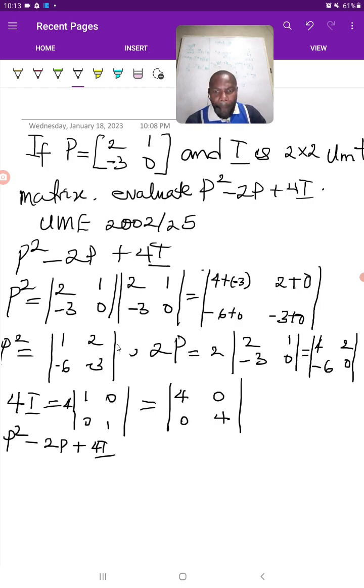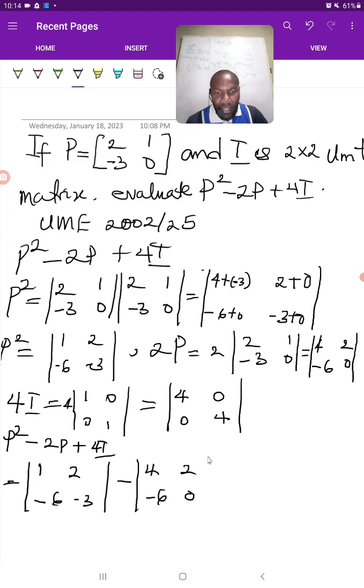Our P squared is [1, 2; -6, -3], minus 2P, so our 2P is [4, 2; -6, 0], plus 4I, which gives us [4, 0; 0, 4].